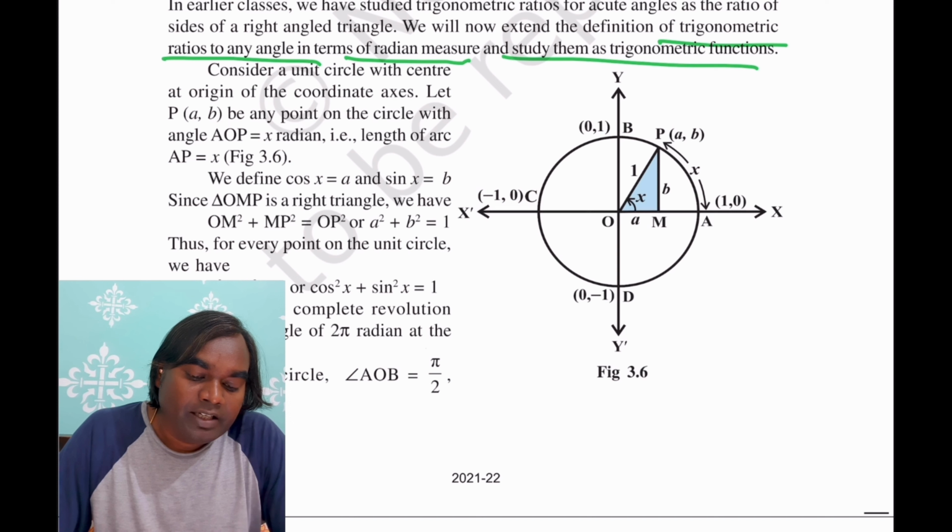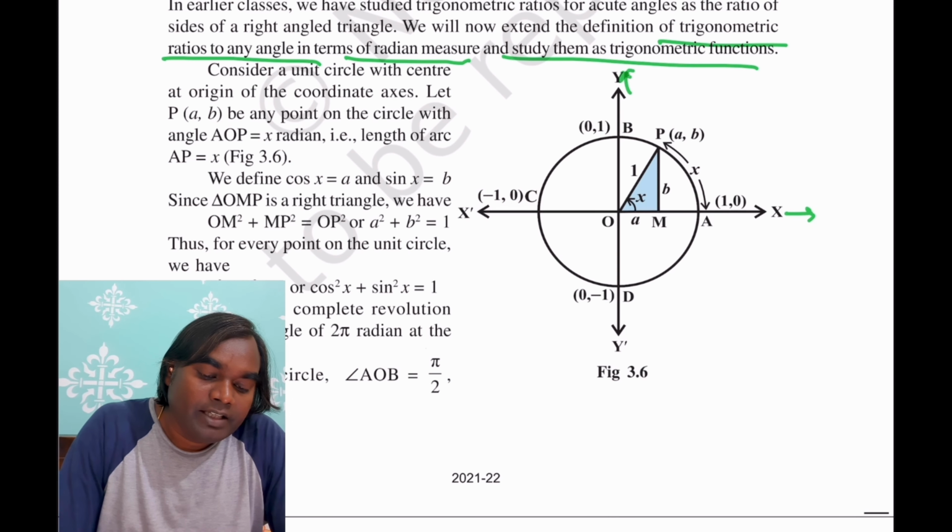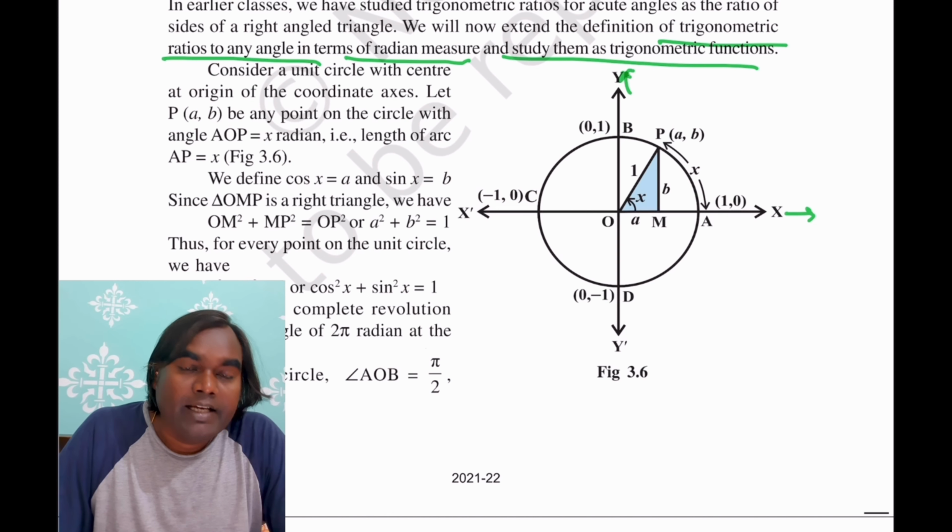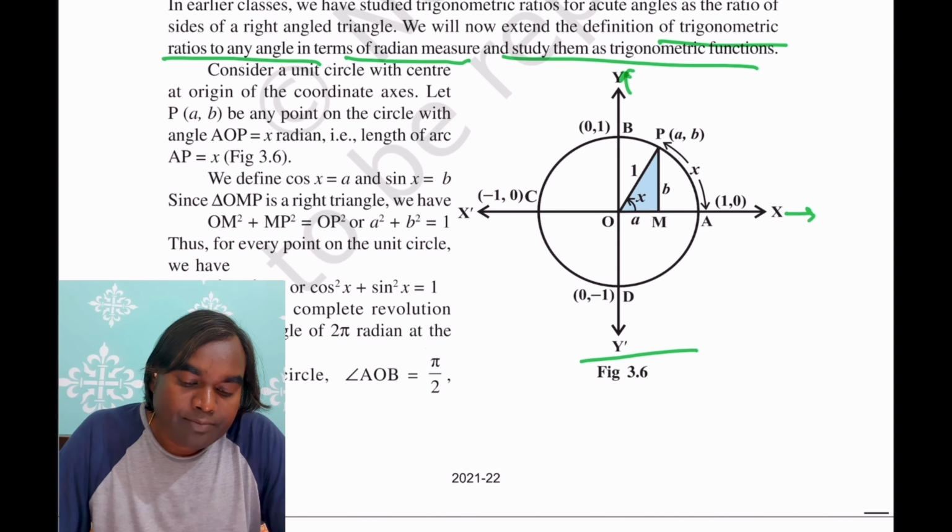So we are taking the Cartesian coordinates x and y, and we are putting the center of this circle at the origin, and you can see from this figure 3.6 we are considering a point P on this circle which has coordinates a, b.